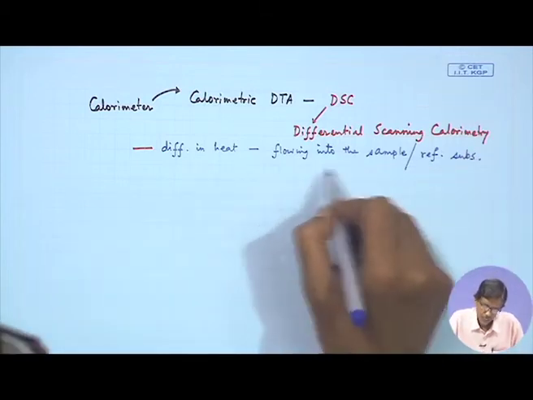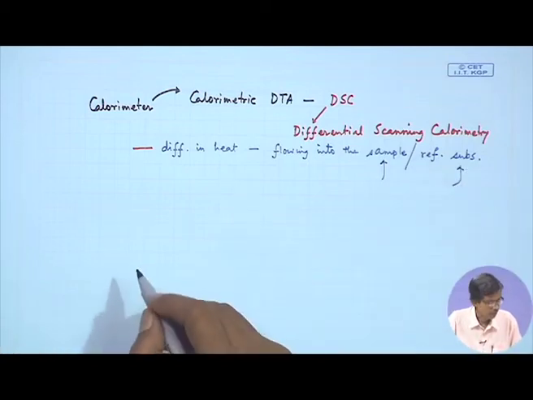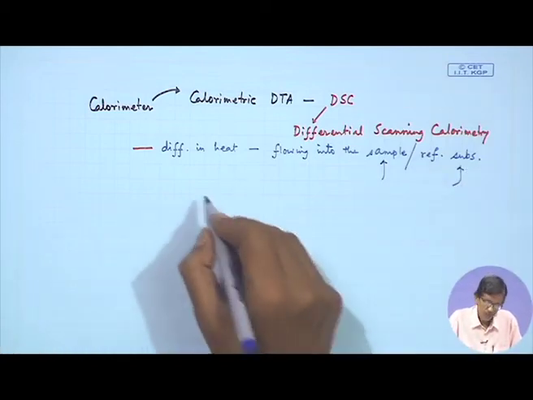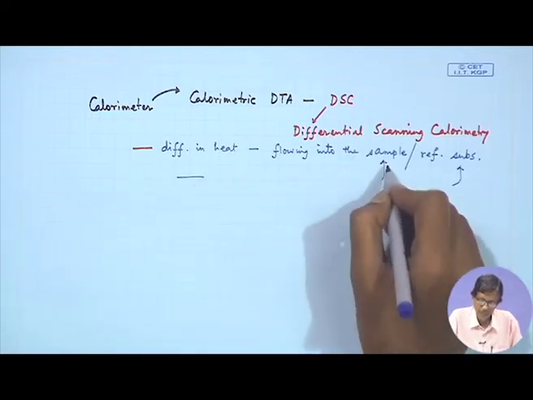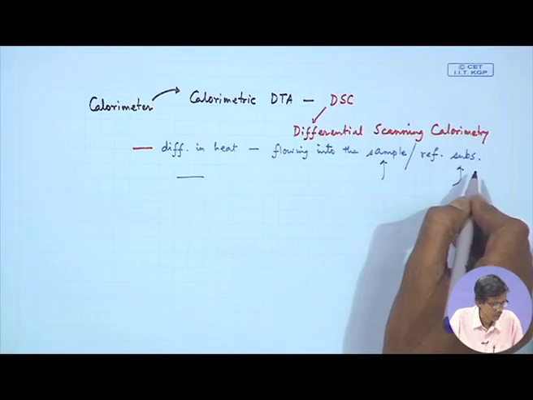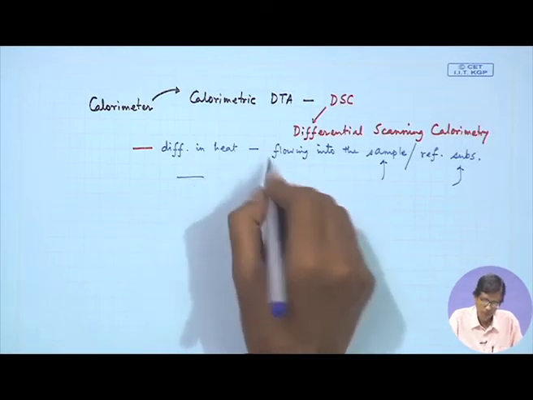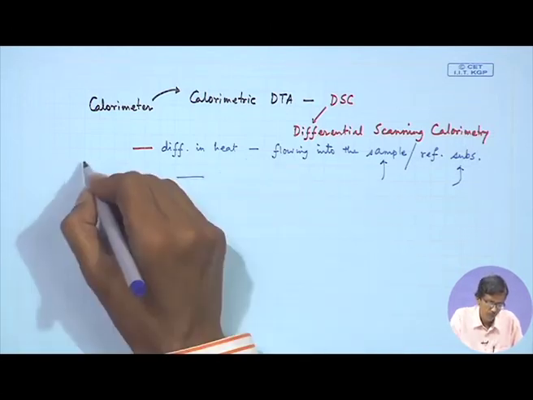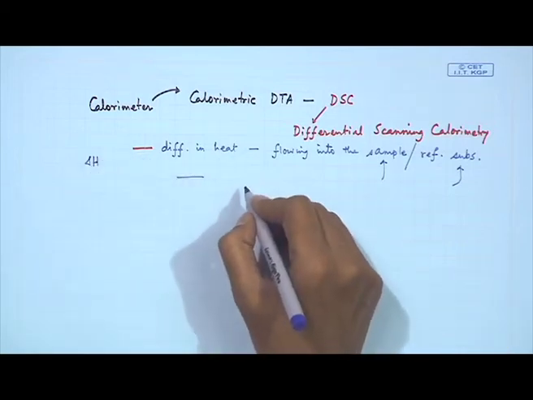So, heat is flowing both to the sample as well as to the reference substance, and how much heat is gained by the sample as well as the reference material, we can have the corresponding temperature rise and monitor it as a function of temperature, also the amount of heat. So, it is the amount of heat or delta H that will be plotted against the temperature or time.